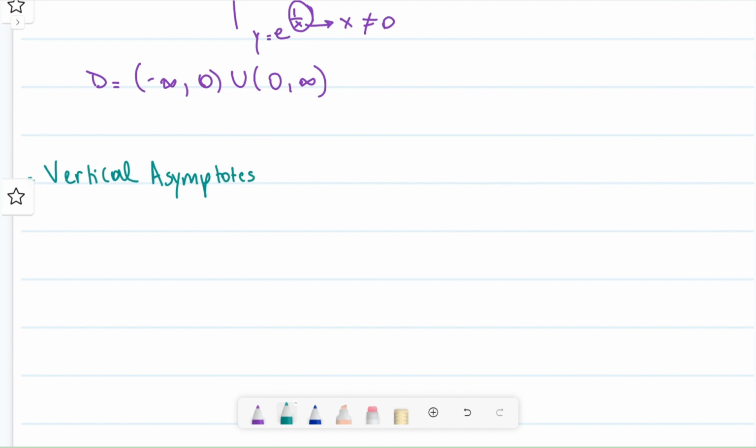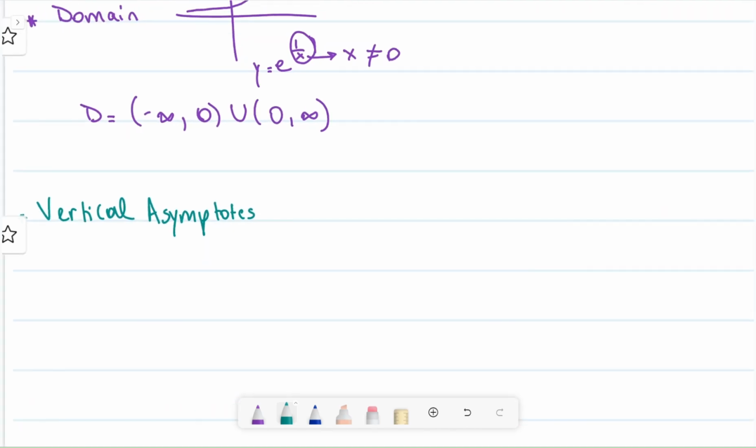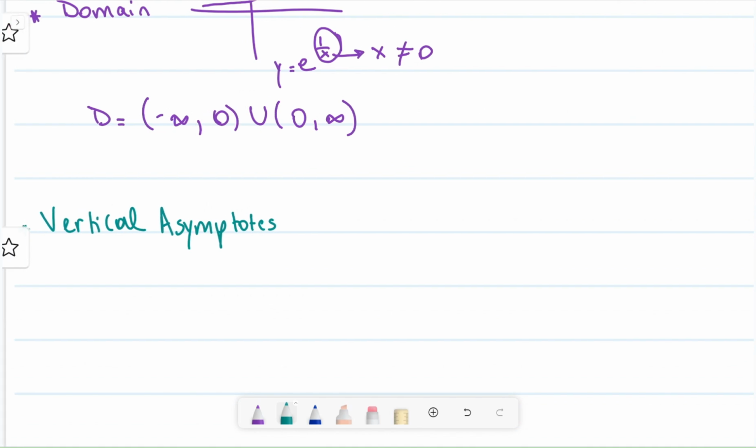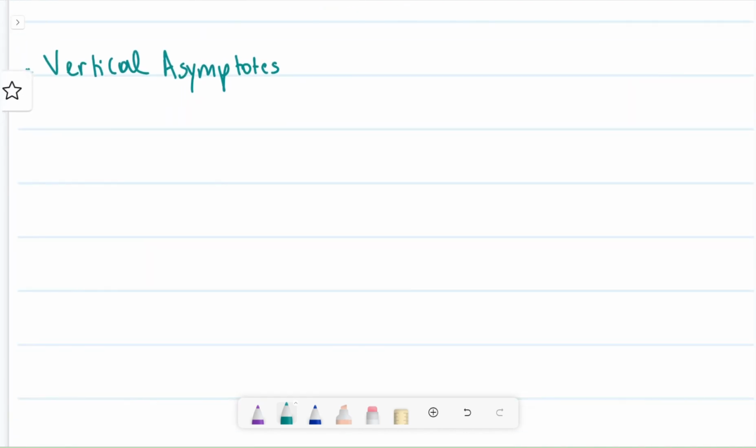So our potential vertical asymptotes are any points that do not belong to the domain. In our case, the point that does not belong to the domain is x equals 0. So this is a potential vertical asymptote. We would like to know how the graph behaves as we approach 0 from the left and from the right.